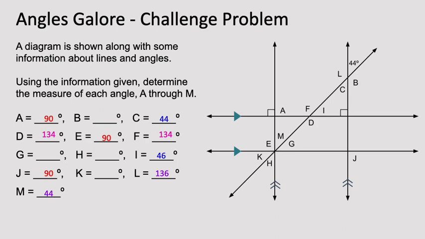I next went on to find the measure of angle K, that was 46 degrees. The measure of angle H is 44 degrees.